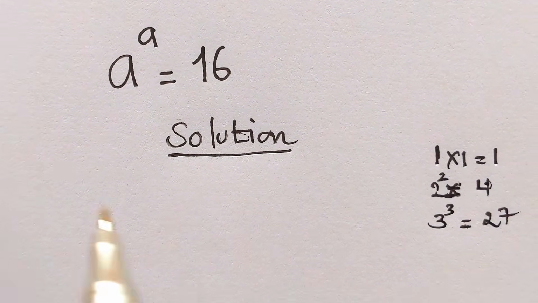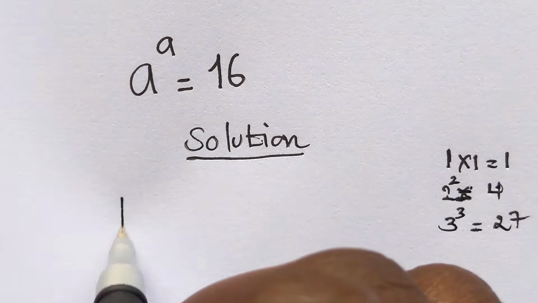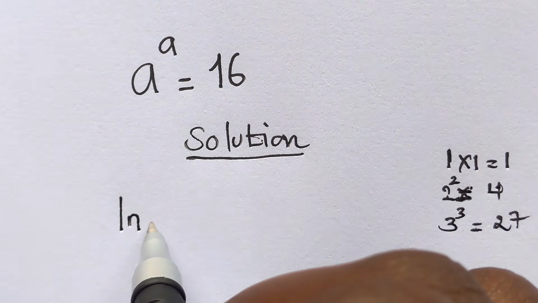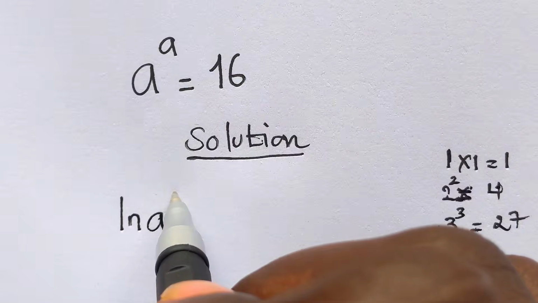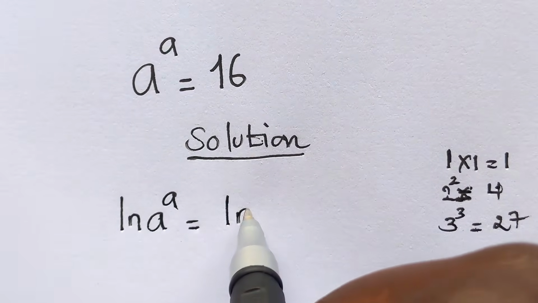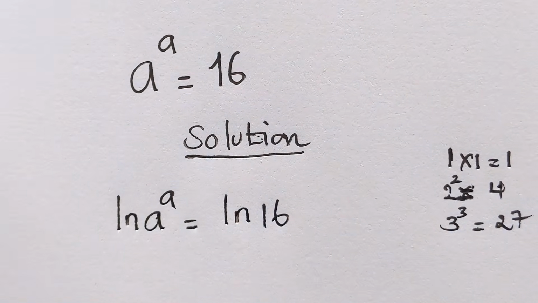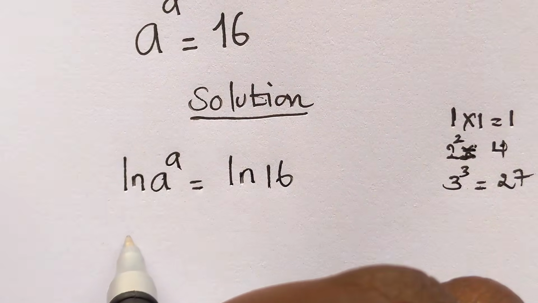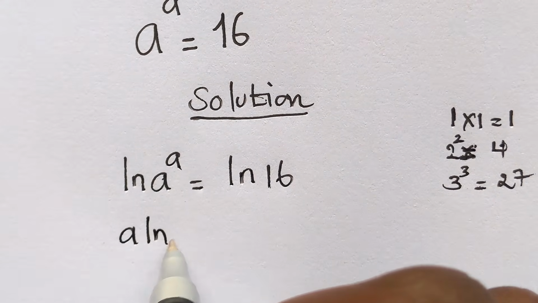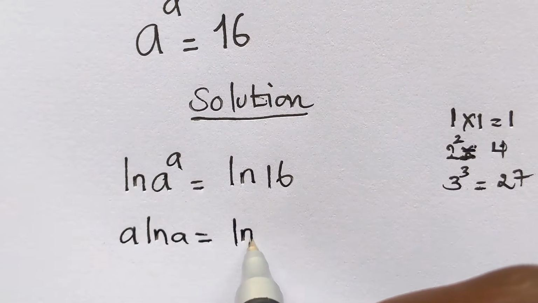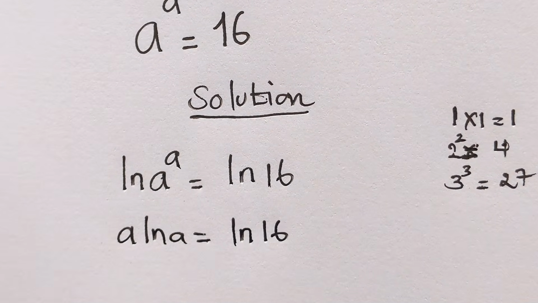And then at this moment, we're going to apply the natural logarithm: ln of a power a is equal to ln of 16. Then, of course, we shall say a ln a will be ln 16.